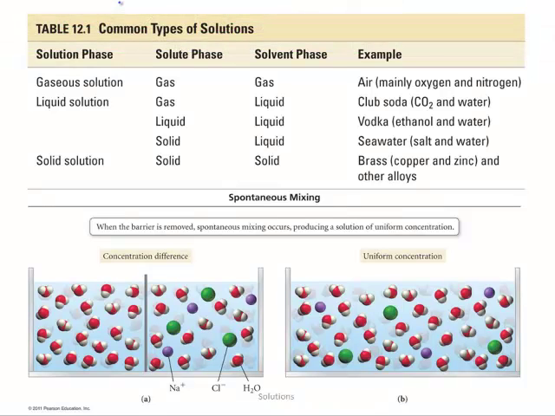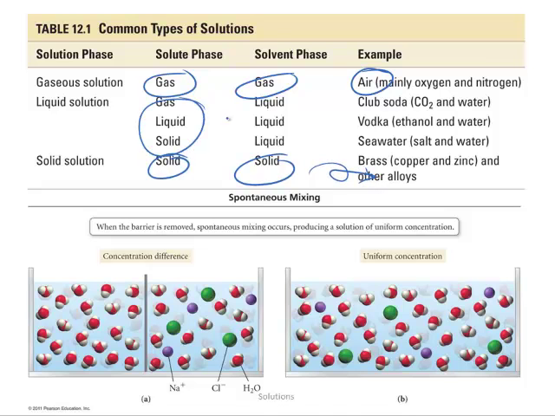It just so happens that most of the time we deal with liquid aqueous solutions. Okay, but a gas and a gas, if it's a homogeneous mixture, is a solution, air being an example. Solids and solids, if it's homogeneous, such as alloys, and again, many different components in the liquid phase. Any of those would be solutions.